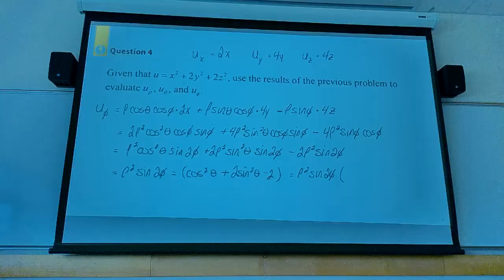Sine squared minus 1 is negative cosine squared. So this here is just negative 2 cosine squared, rather. That would be fully simplified: negative rho squared cosine squared theta sine of 2 phi.